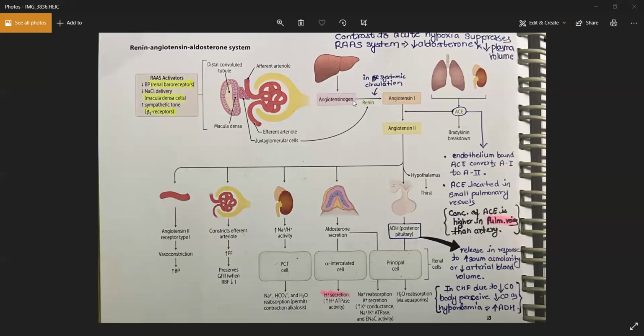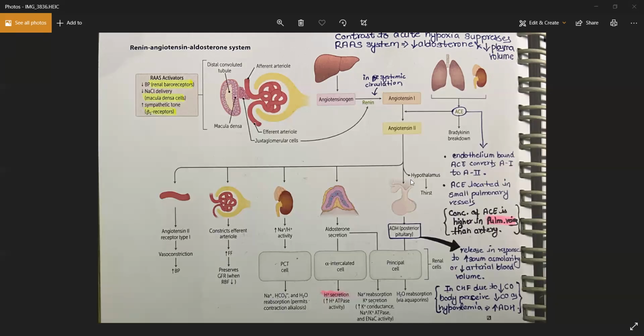No one? The cyclic AMP, right? Yeah, cyclic AMP. And for the V1, what pathway? IP3 and DAG. Remember? So IP3 and DAG for the V1 and cyclic AMP for the V2.